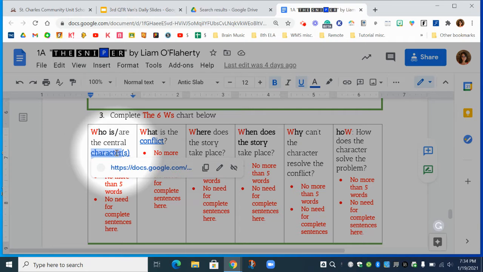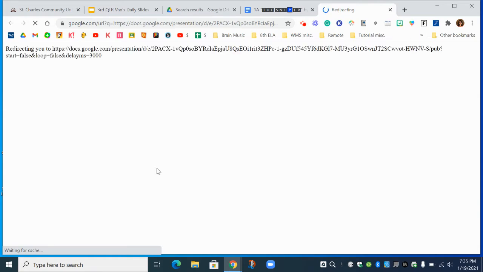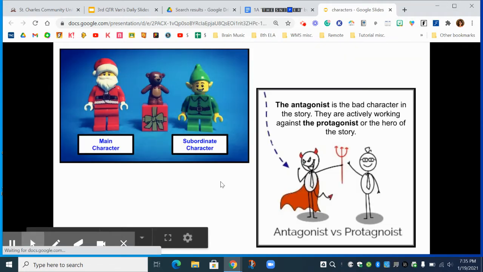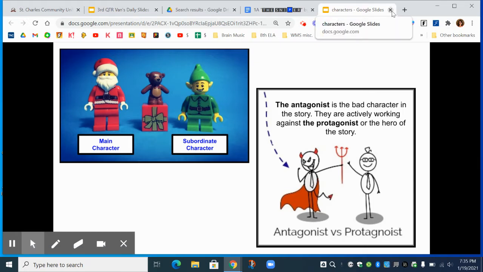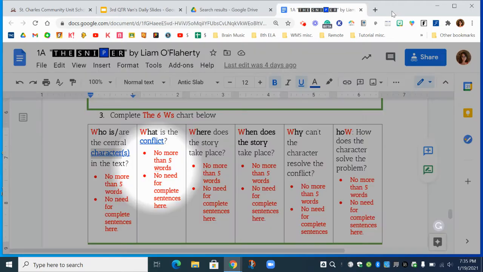Is it main versus subordinate? Or is it antagonist versus protagonist? You decide. You be the judge.